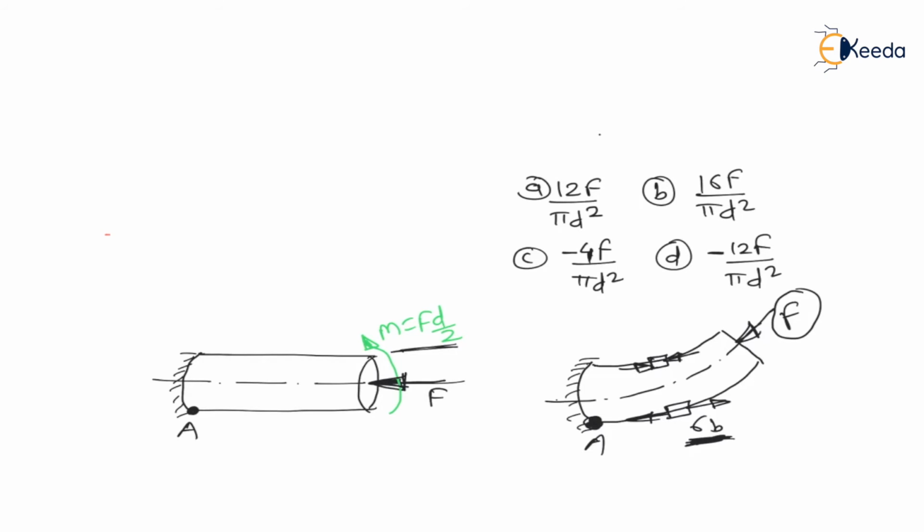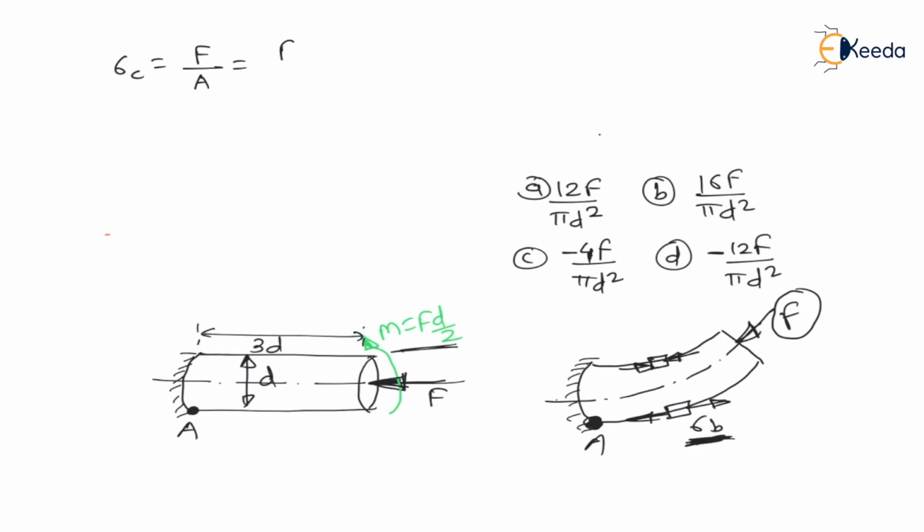Now for direct compression, what will be the compressive stress at A? Compressive stress is equal to force divided by area. Area is circular, they have given a circular cross section. The diameter is given as D, and the length is given as 3D. This was the given data.